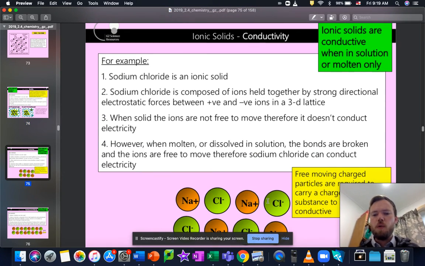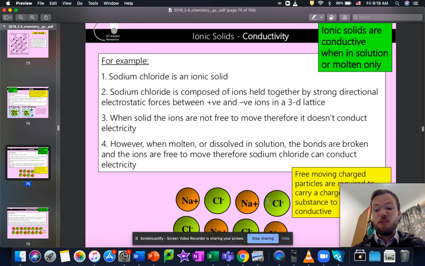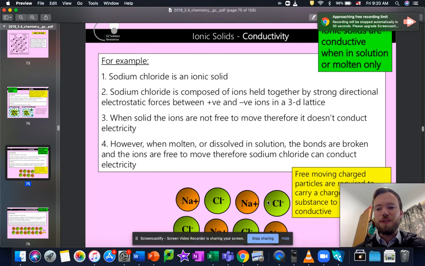Ionic solids are conductive. When we look at conductivity, we're talking about electrical conductivity, not so much conductivity of heat. For something to be conductive, you need two things. You need charged particles. So if you think about a circuit, your charged particles are electrons.